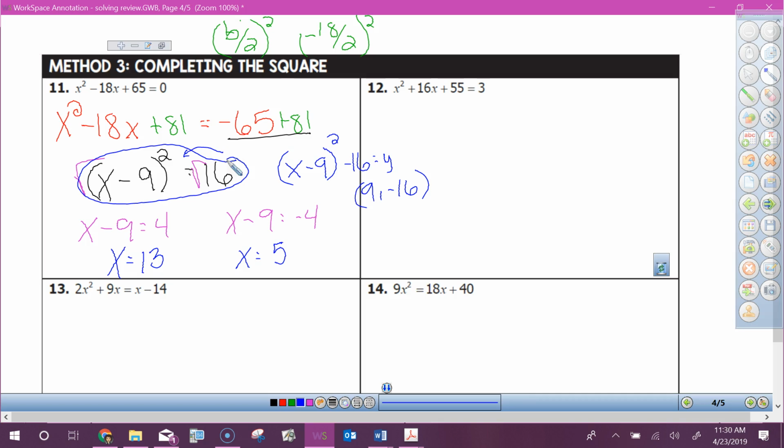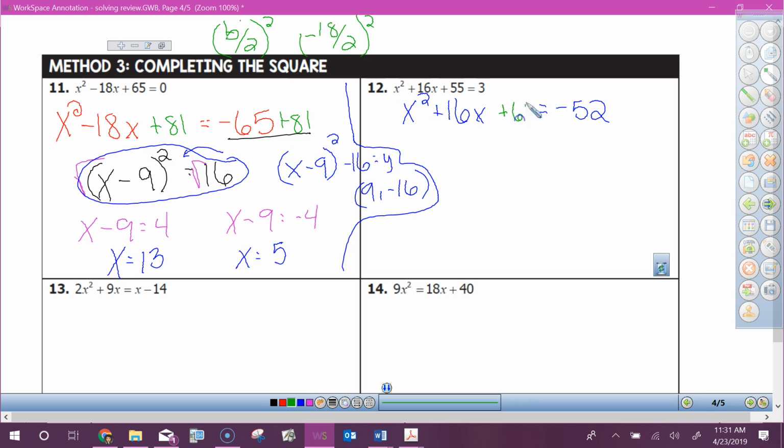Okay, so let's look at 12. First step: subtract 55. So x squared plus 16x equals negative 52. So I gotta combine it with the 3 that's over there. Okay, and then b divided by 2, 8 squared is 64.